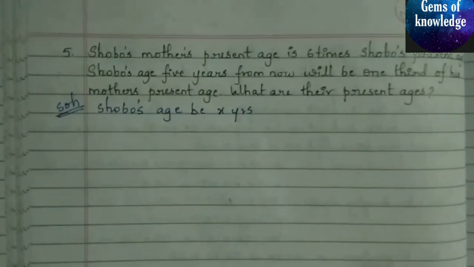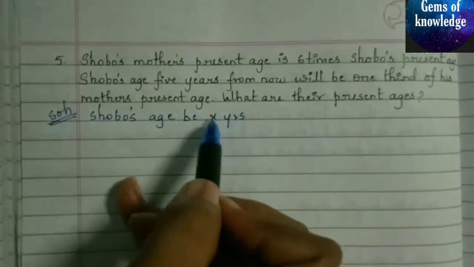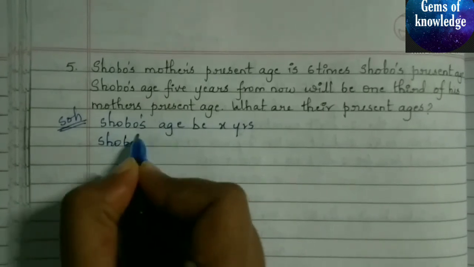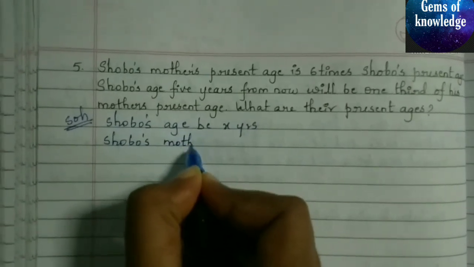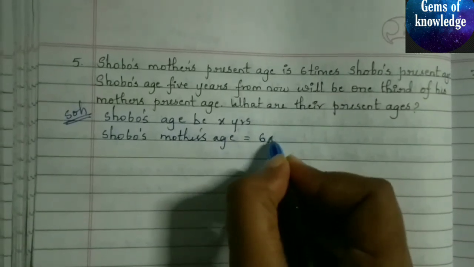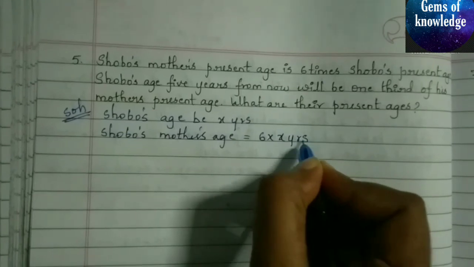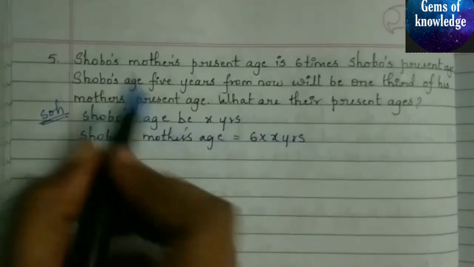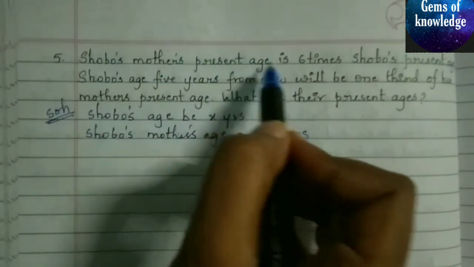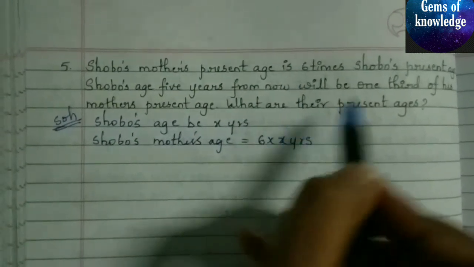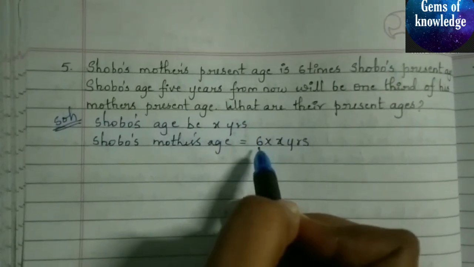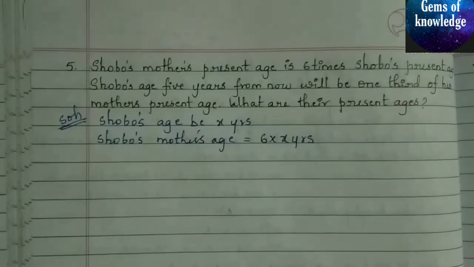So Shobhu's mother's age is 6 into x years. Why have we taken 6 into x years? As already mentioned in the question, Shobhu's mother's present age is 6 times Shobhu's age. Shobhu's present age is x years, so 6 times means 6 into x years.